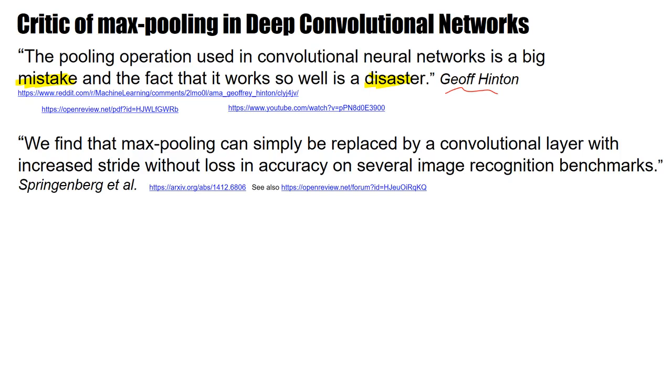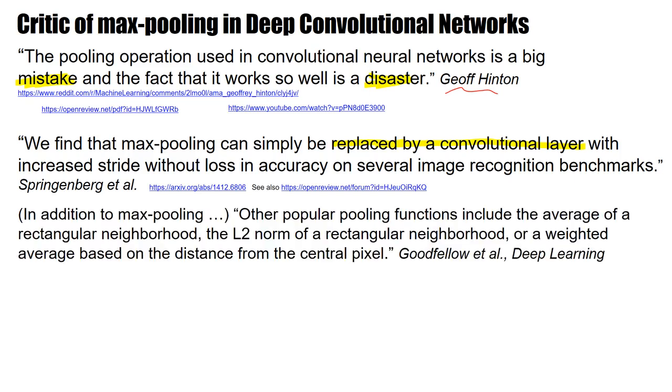Now, let's look at a citation of somebody else who did an empirical study, and we find that MaxPooling can simply be replaced by a convolutional layer with increased stride. And if we do this, we find no loss in accuracy on several image recognition benchmarks. So maybe we don't need MaxPooling in practice.